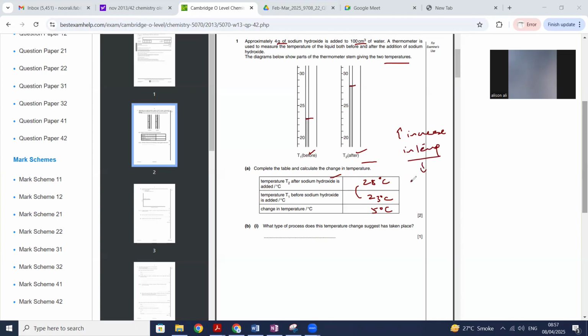That it is an exothermic reaction. Exo, right? So similarly, if a decrease in temperature would have taken place, then it would be an endothermic reaction. Okay, so what is this? This is an exothermic reaction. Very important question expected to appear in the exams.